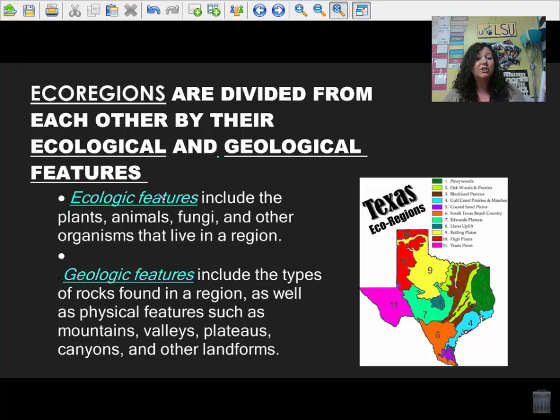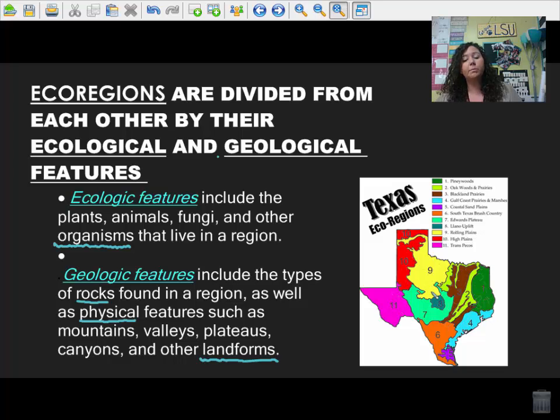If we're talking about ecology, or ecological, we're talking about the organisms that live there. Whereas your geological features, that's what the land physically looks like. What types of rocks are found there? What are the physical features? Are there mountains? Are there valleys? Are there plateaus? Are there canyons? Whatever type of landforms that we have.